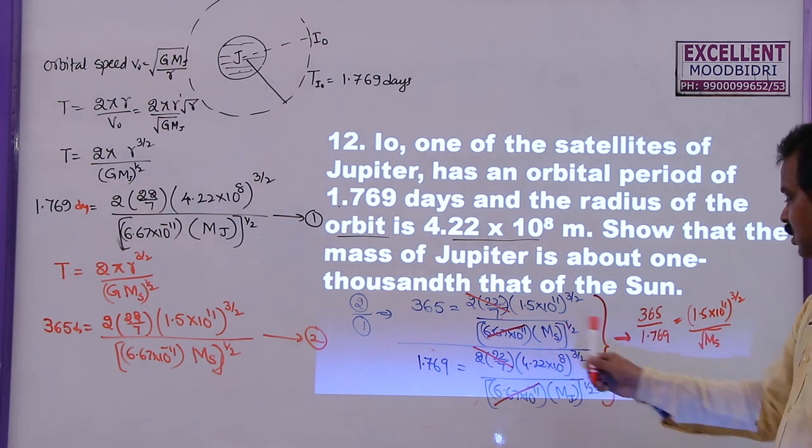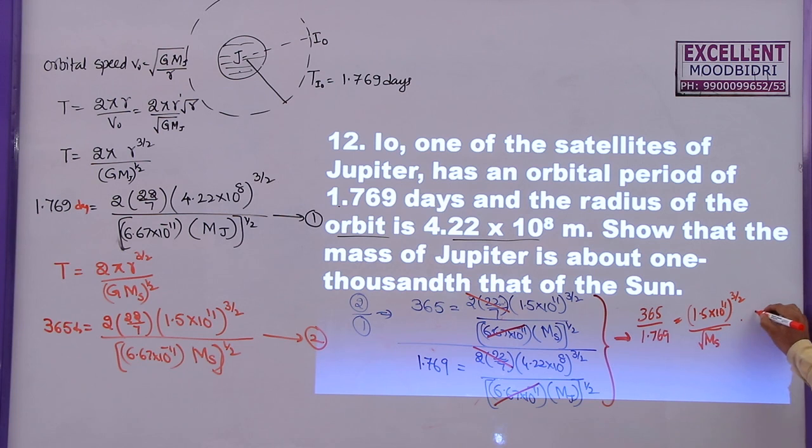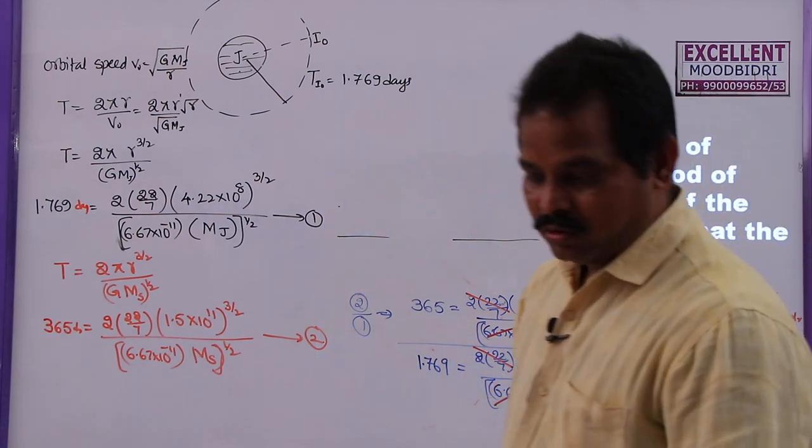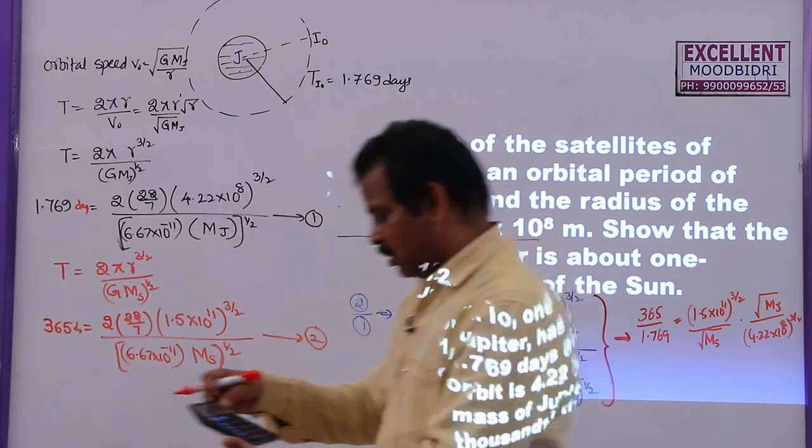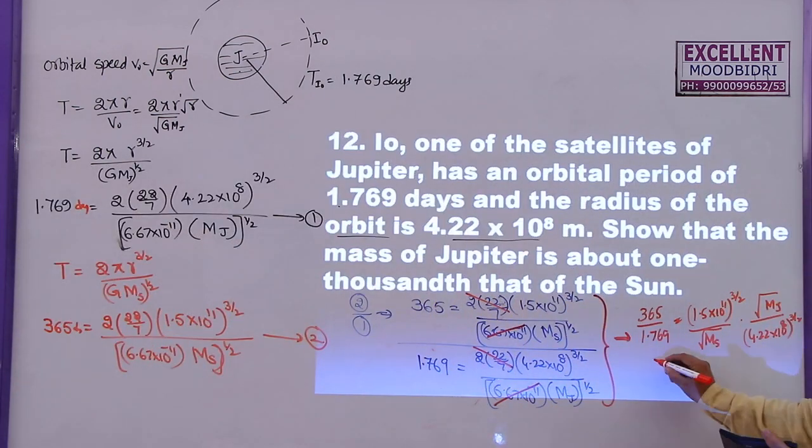This 1 by 2 means under root. When it goes up, this will become the mass of Jupiter by 4.22 into 10 power 8 whole power 3 by 2. So what is this 3 by 2? 3 by 2 can also be written as 1 plus 1 by 2. So now I am going to use the calculator here. Squaring on both sides.